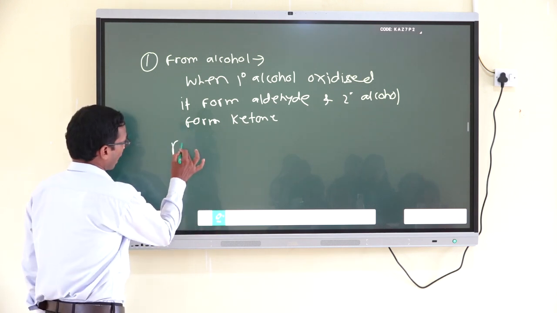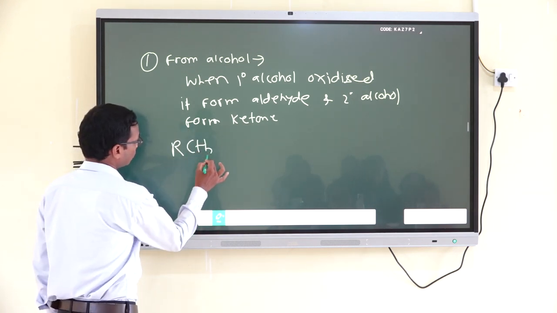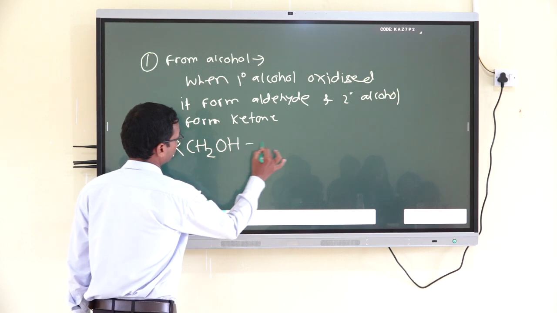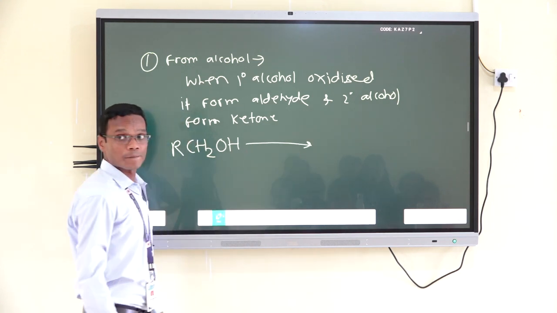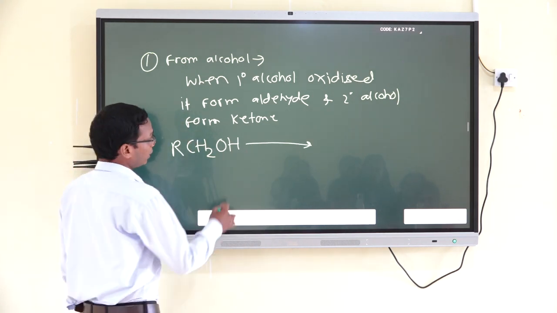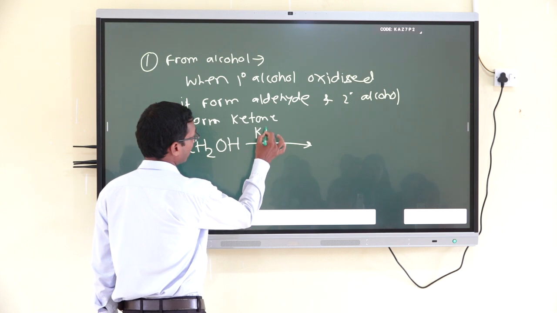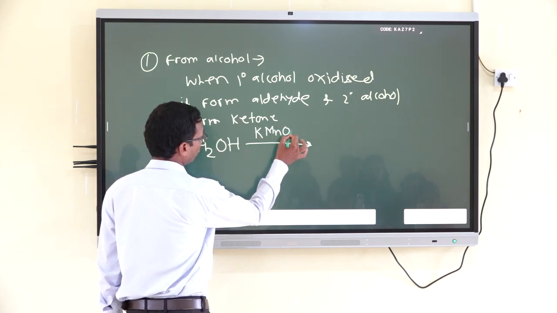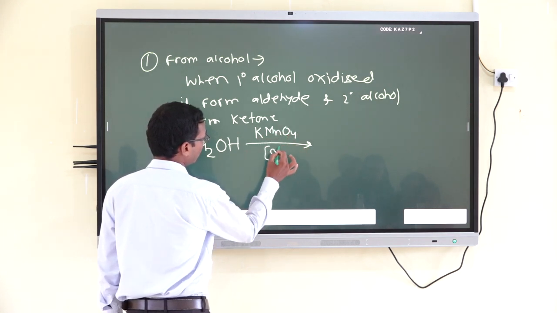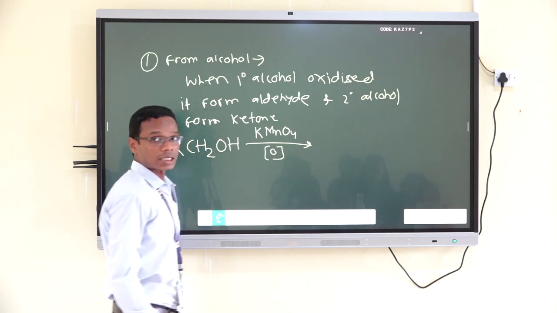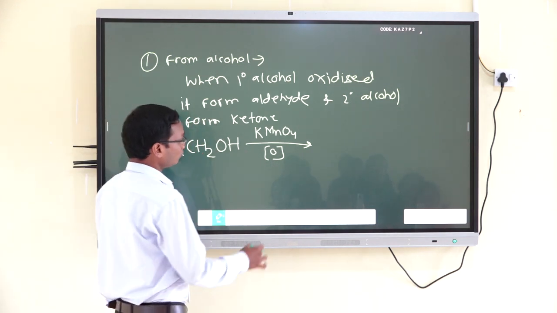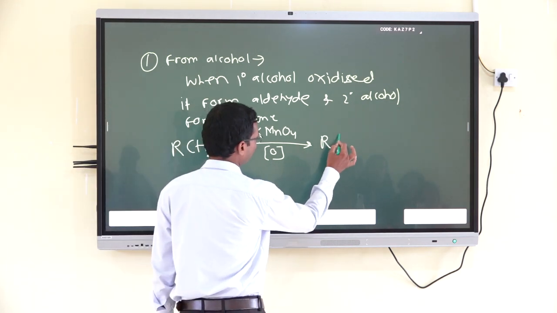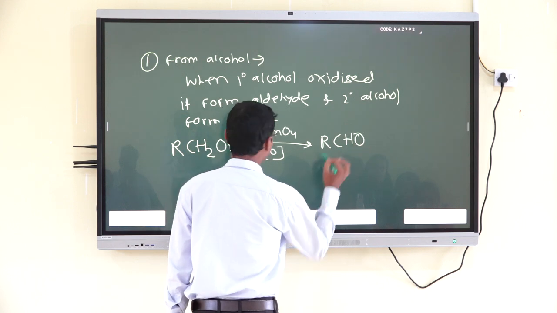Suppose RCH2OH, when it is oxidized by KMnO4, or simply takes oxygen, that is nascent oxygen, it will convert to RCHO.